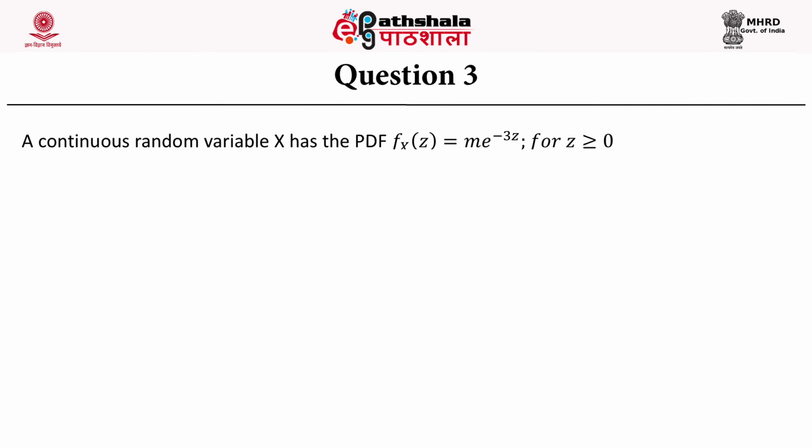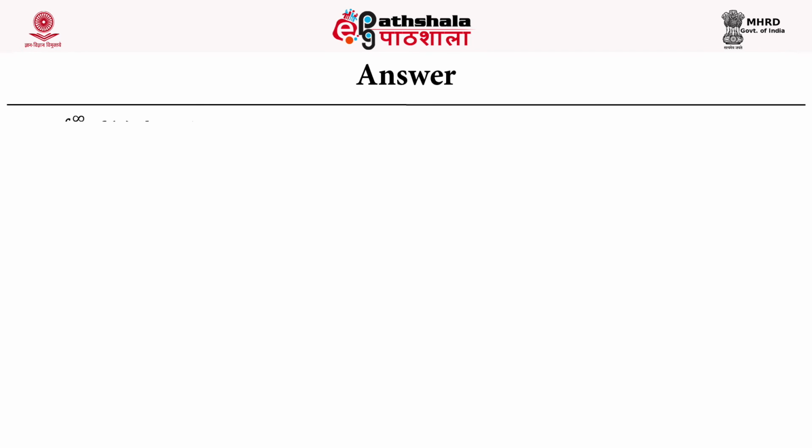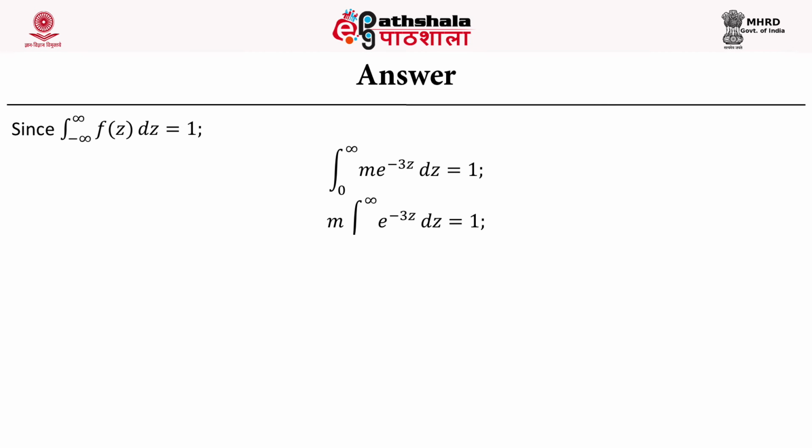Now we have a question here. A continuous random variable X has the PDF equal to m e to the power minus 3z, where z is greater than or equal to 0, that means we have the positive real line. Find the value of m and the probability that X is less than or equal to 8. We have to use the property that if you take the integration of the density over the interval, the value comes out to be 1.